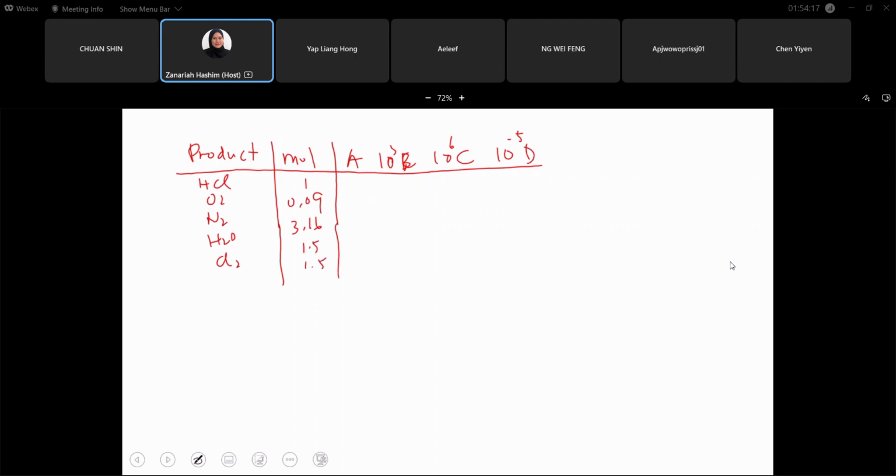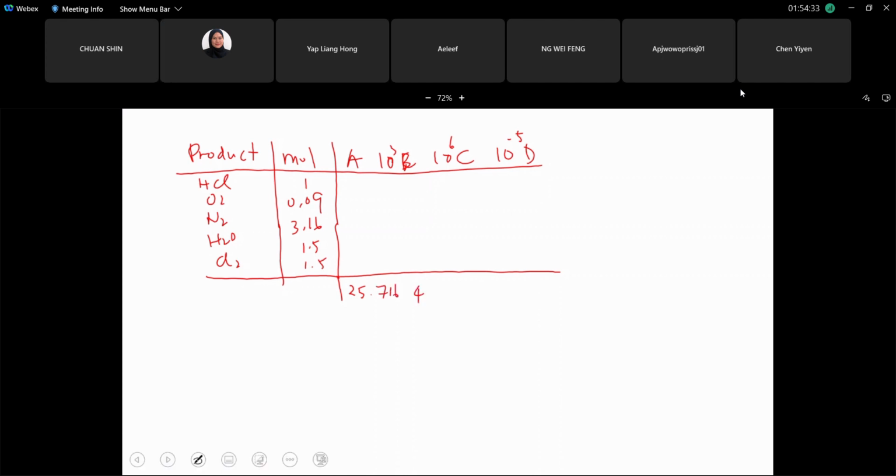You can find the rest by yourself. I'm just showing the total at the bottom, the delta. So delta A is 25.716, delta B is 4.851, there is no C, and this is negative 0.0775.